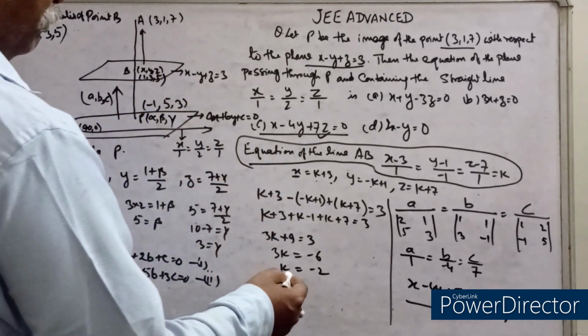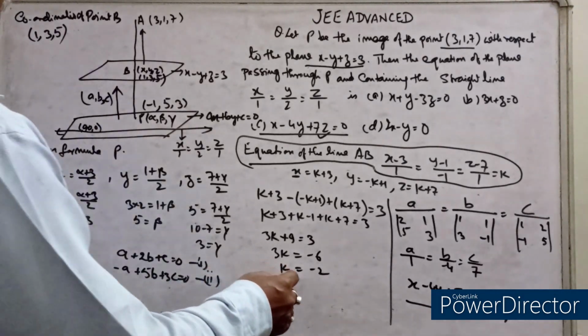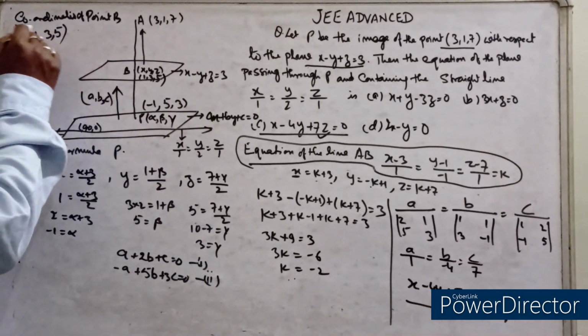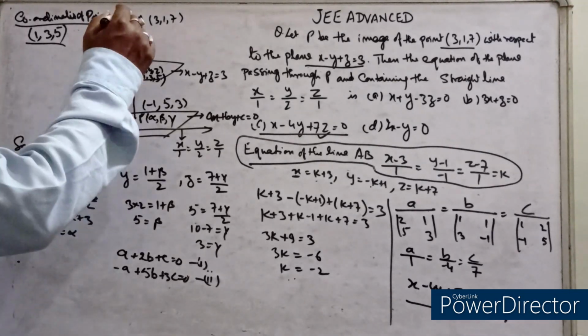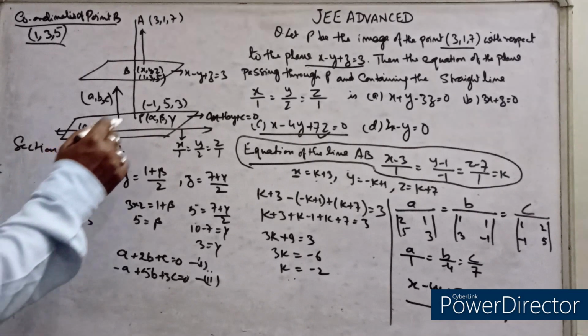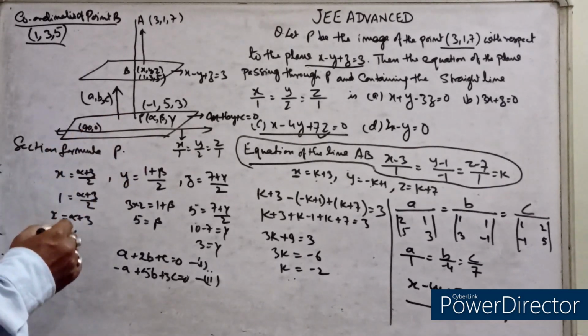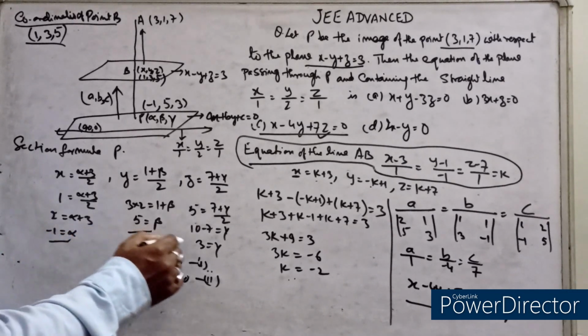So I placed it and found out the value of k. When I found out the value of k, I got the coordinates of point B. And when I got the coordinates of point B, by applying the section formula, because object distance is equal to image distance, I found out the coordinates of point P. These are the coordinates of point P.